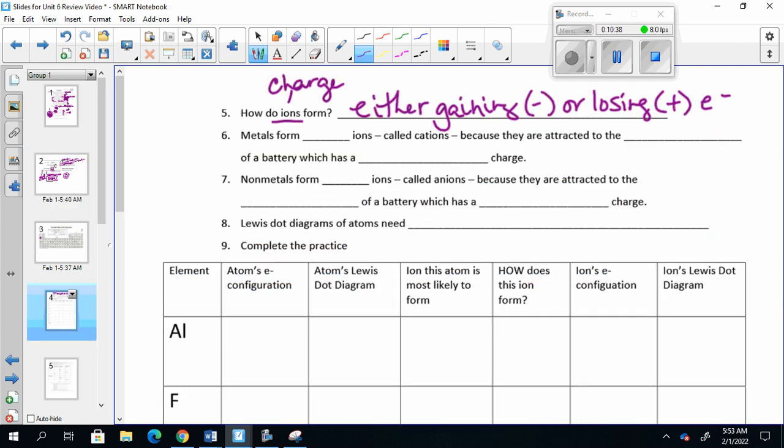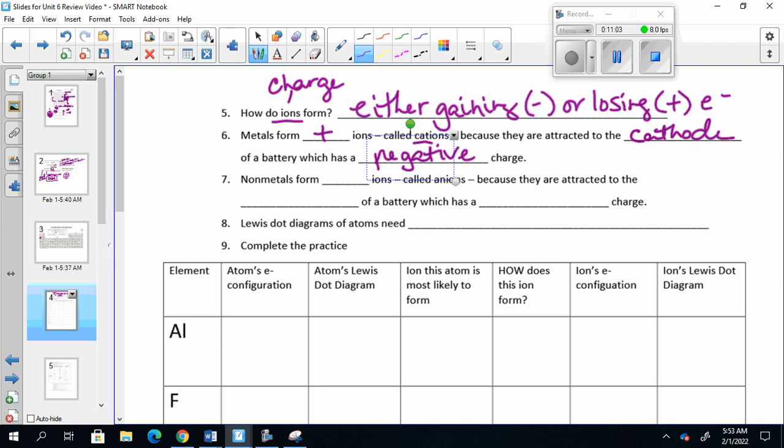Okay. So metals form positive ions. They are called cations because they're attracted to the cathode. The cathode is the negative side of the battery, it attracts the positive, because remember, opposite sides attract.